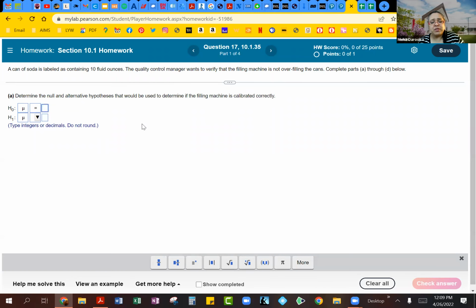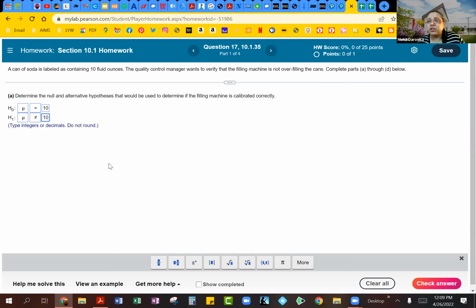We know the can of soda has to be 10 fluid ounces. So your null hypothesis will say the average capacity of the can has to be 10. The manager wants to make sure we're not overfilling it, which means we want to make sure it is not going to be a number which is not 10. So for the null hypothesis, H sub 0, we're saying the average has to be 10.